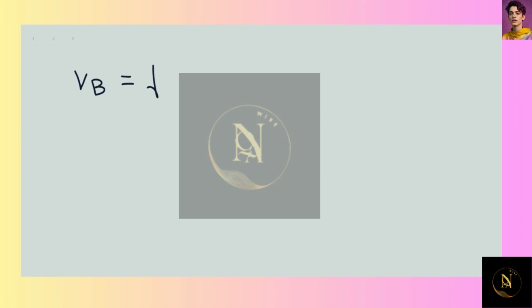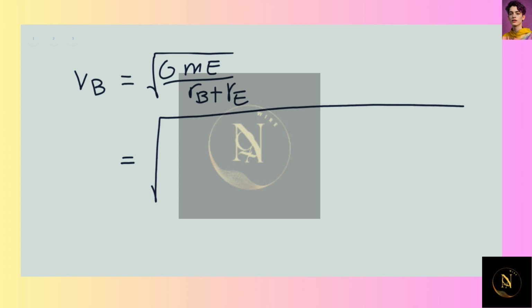So really just the same concept, we're just plugging in different numbers. We use the same equation, G, the mass of the Earth, over RB plus RE, and when we plug in, we get the same thing.